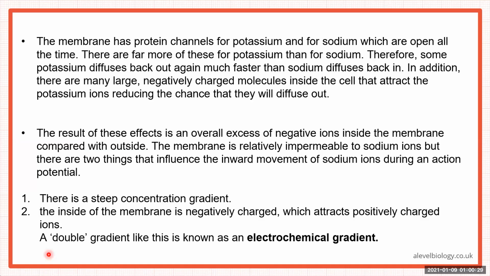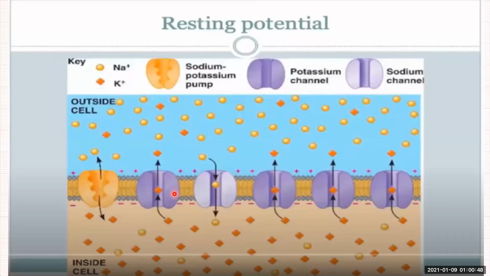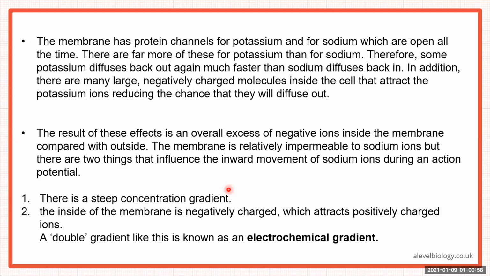As we were discussing, this membrane has protein channels for potassium and sodium, which are open all the time. There are different types of protein channels here. Some remain open all the time, and there are more for potassium than for sodium, as we just saw in this diagram. Because of that, some potassium diffuses back out much faster than sodium diffuses back in.